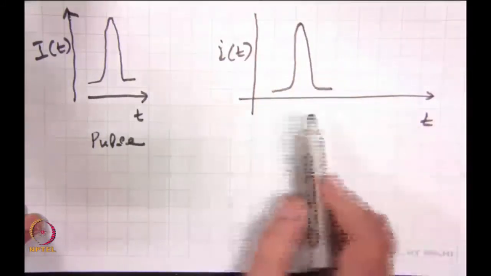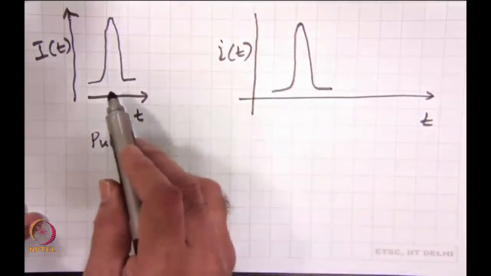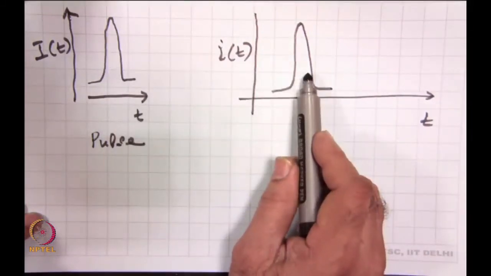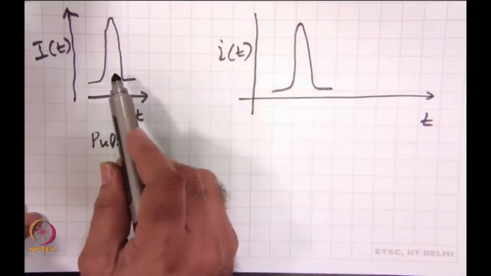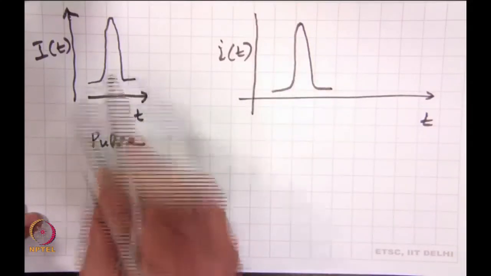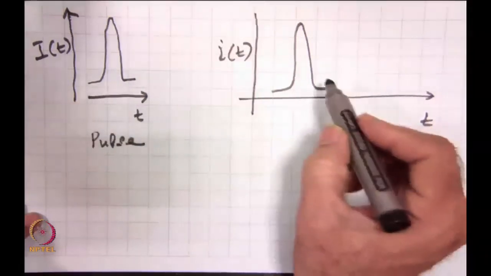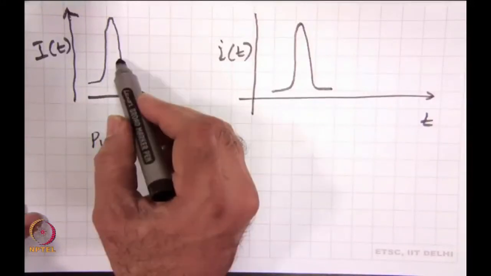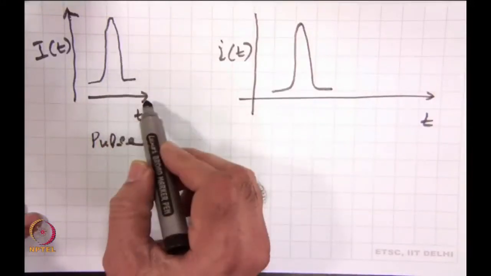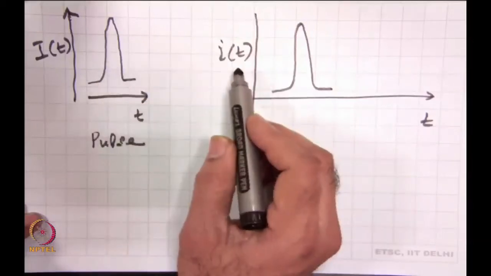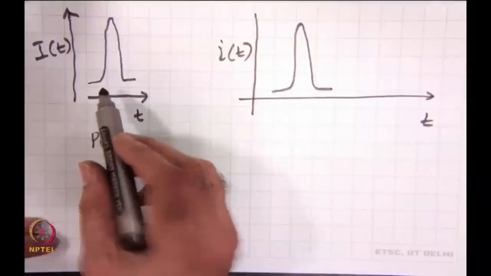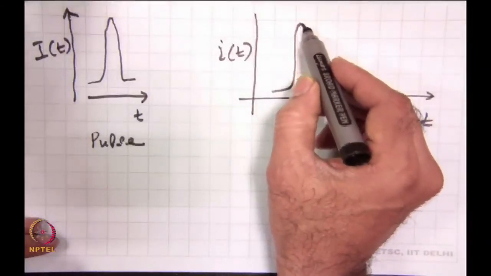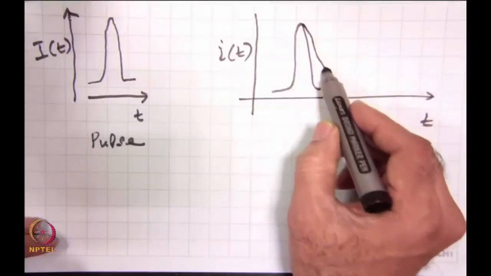This means, if the detector is responding fast enough, the current pulse which is generated is identical to the input optical pulse. However, in general there is a delay, because even after the pulse is absorbed or the light pulse is no more there, it takes some time for the carriers to recombine and the current to come down.